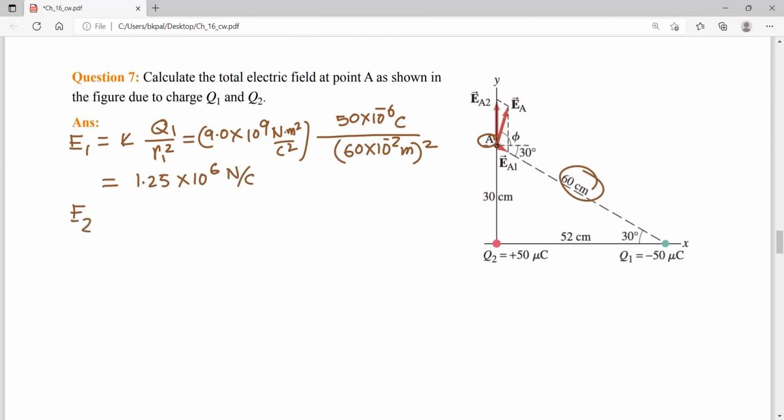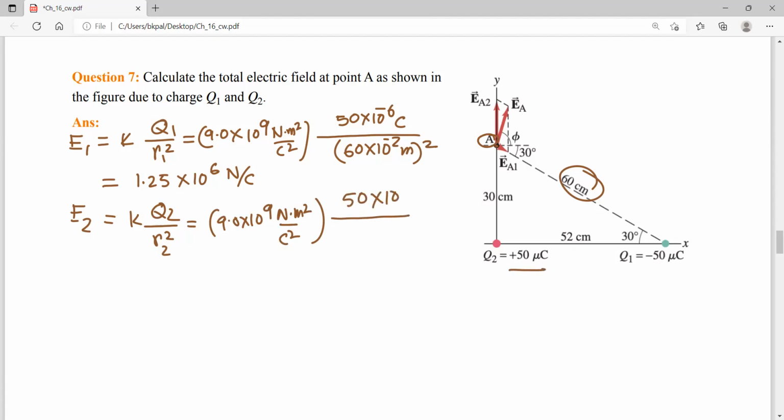Similarly, you can calculate E2 = k Q2 / r2 squared. k is 9 times 10 to the power 9 newton meter squared per coulomb squared, and Q2 here is 50 microcoulomb, and then the separation is 30 times 10 to the power minus 2 meter, squared.